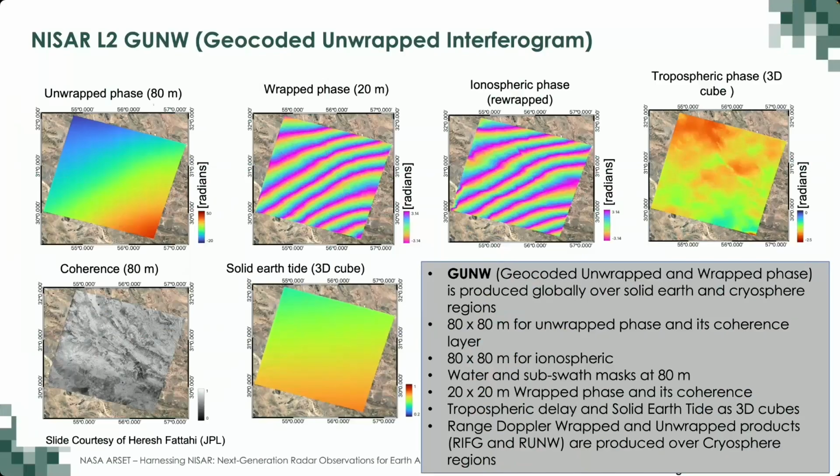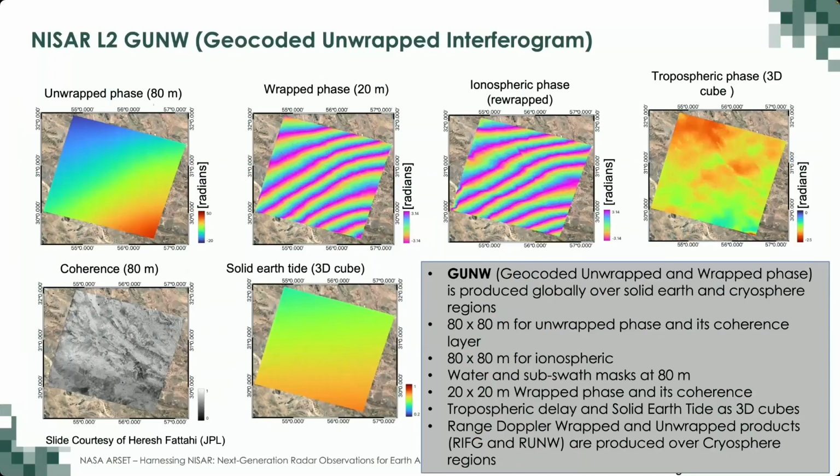It comes as an unwrapped phase at 80 meters, but it's been rewrapped here just for a better comparison to the wrapped phase, which shows that almost all of these fringes in the wrapped phase interferogram are due to the ionosphere. And that's one of the key things about SAR interferometry with the NISAR L-band radar instrument.